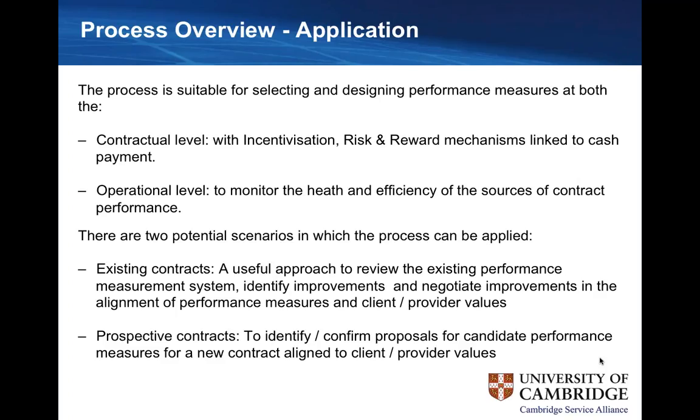So if you're negotiating with, in BAE Systems' case, Abbey Wood, and Abbey Wood is thinking what KPIs should we include in the contract for risk and reward mechanisms, then having gone through the thinking process I'm about to describe and having selected the right KPIs, you can make sure that you end up with contractual KPIs that make sense to those that are receiving the service. And of course that's important, because if you end up with different contractual KPIs to the ones that really reflect the service that partners want to deliver and receive, you can end up with all sorts of mismatches.